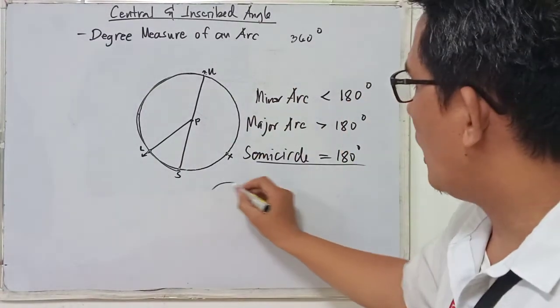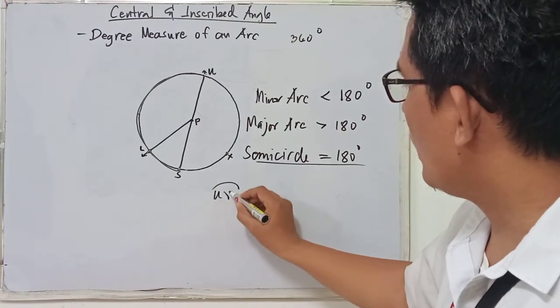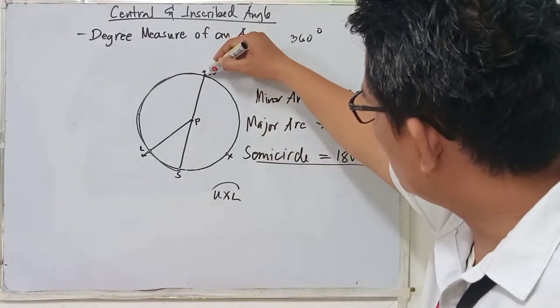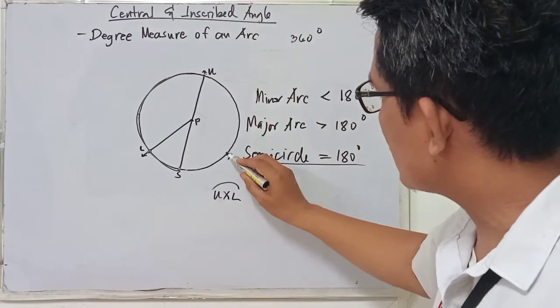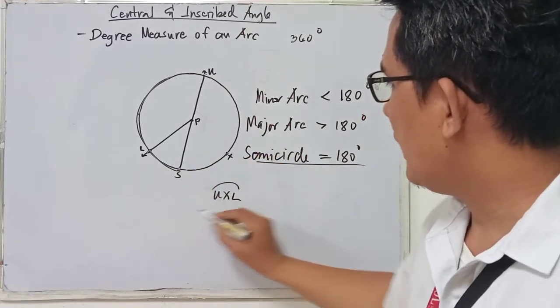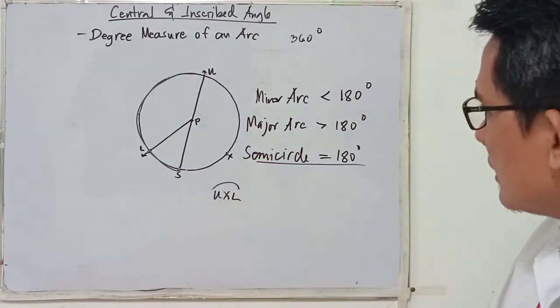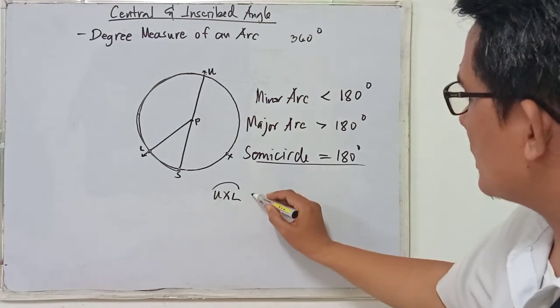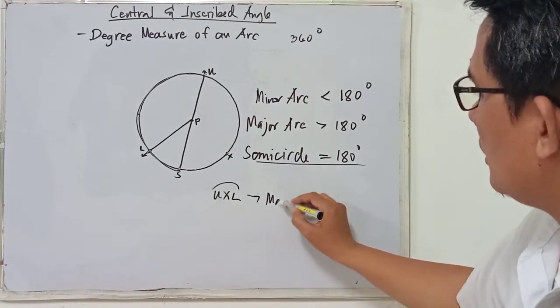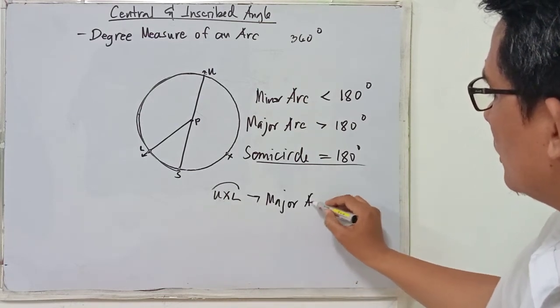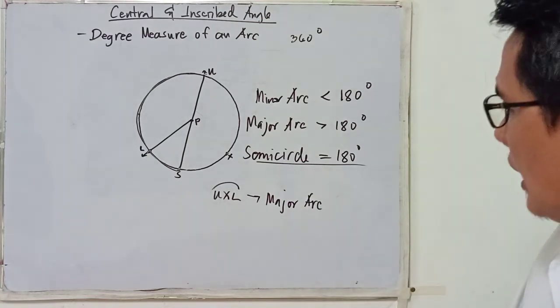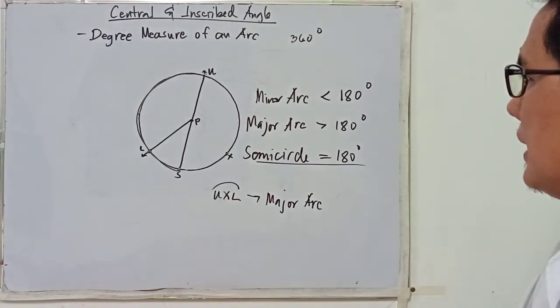So arc UXL, U passing through point X going to L, is greater than 180, and this is considered our major arc as long as it is greater than 180 degrees.